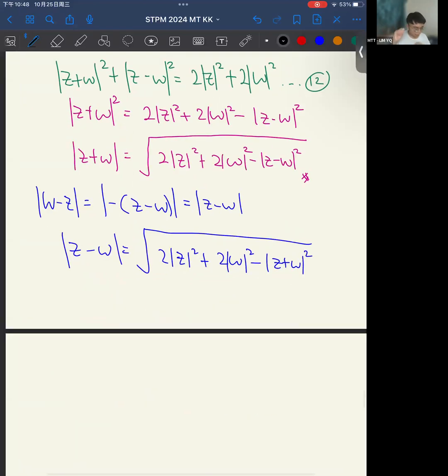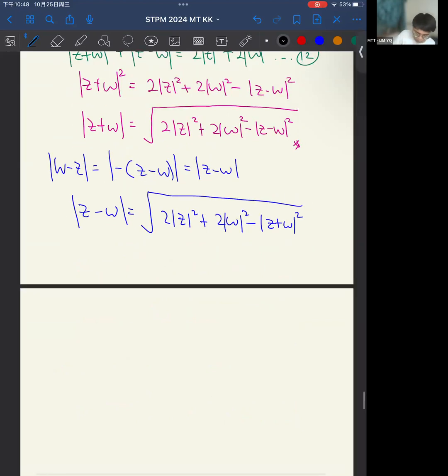If it were me, I will just write like this. That's it, a very simple one. Let me construct my sentence.